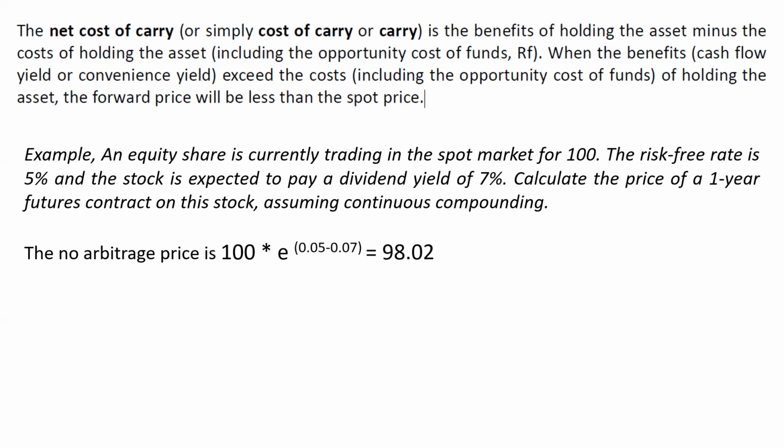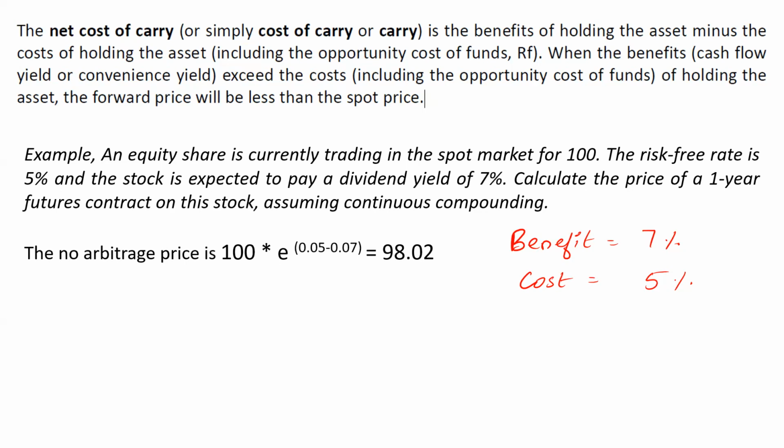So let's see an example. An equity share is currently trading in the spot market for 100. The risk-free rate is 5%, and the stock is expected to pay a dividend yield of 7%. So over here, the benefit is equal to 7%, but the cost is only 5%. As you can see, the benefit is greater than the cost.